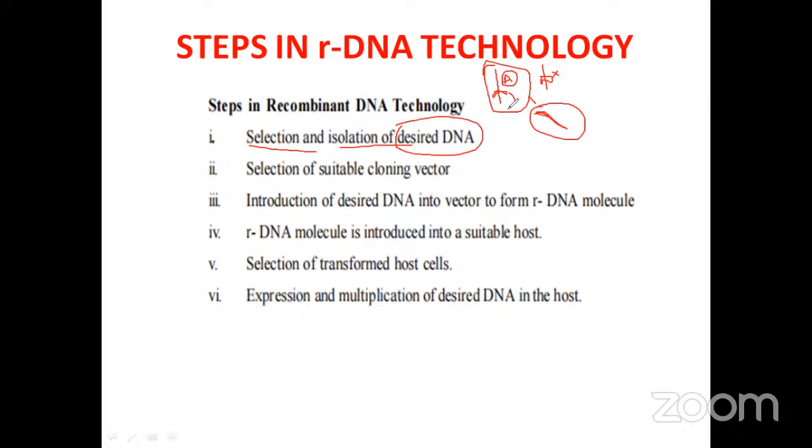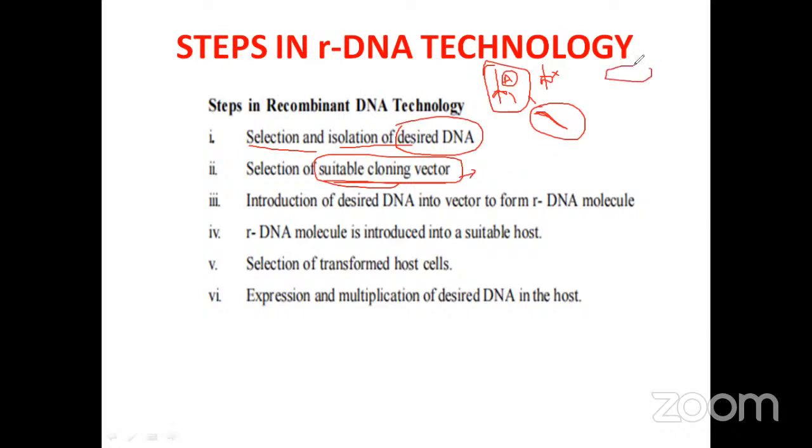Next, after isolating from the desired character plant, you select a suitable cloning vector, because this desirable gene should be multiplied in copy. The vector should show the character of being easily self-replicable. So first we select a suitable cloning vector, most probably a vector from bacteria, because bacteria have plasmids.